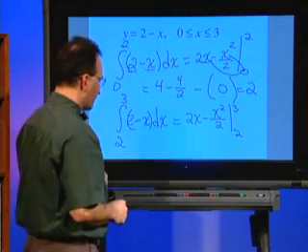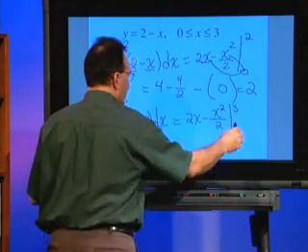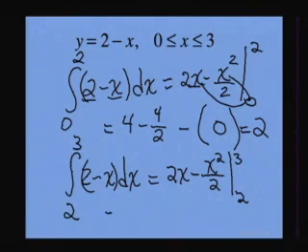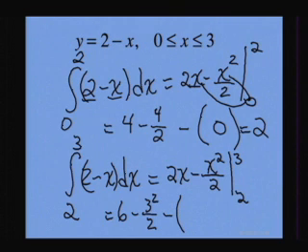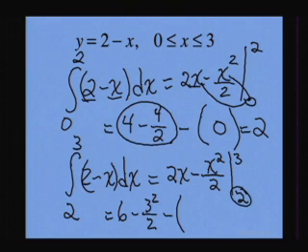So we plug our 3 in there, and we get 2 times 3, which is 6, minus 3 squared over 2. And then we subtract, evaluating it at 2. But remember, we evaluated it at 2 over here. So we know that that is going to be equal to 2.